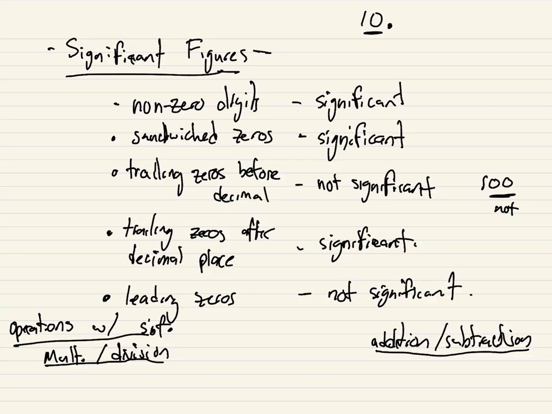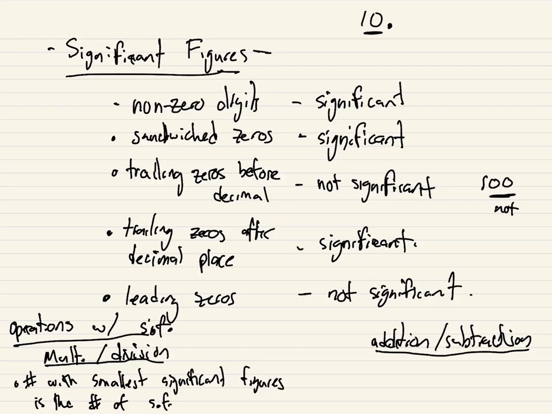So when you are multiplying two numbers, whichever one has the least number of significant figures, that's the one that determines the number of significant figures of your answer, right? The number with the smallest significant figures is the number of significant figures of the answer. All right, so if you had 3.0 times 2, 2 only has one sig fig, your answer has to have one sig fig. And we'll review that in a second in the actual example.